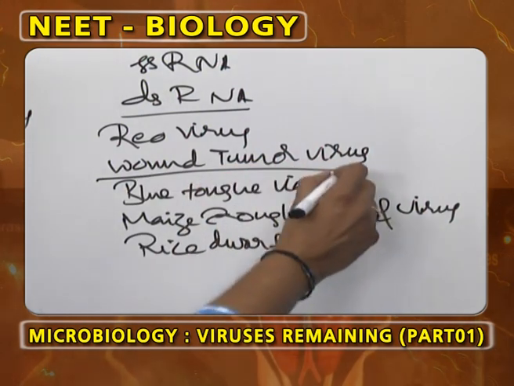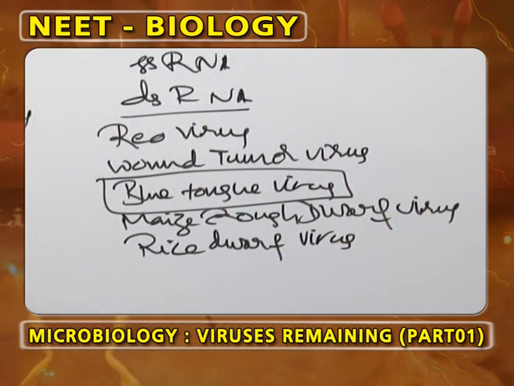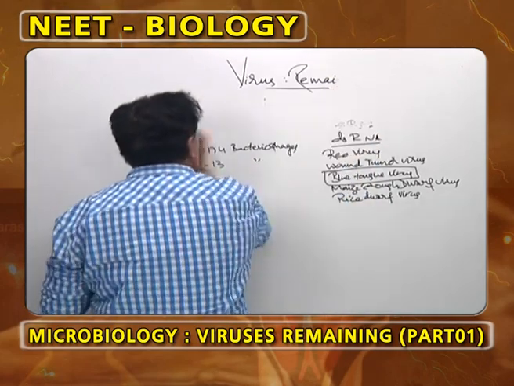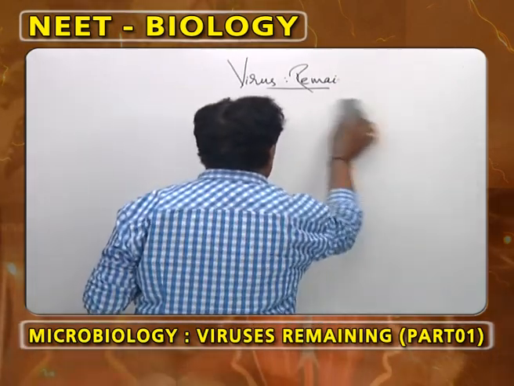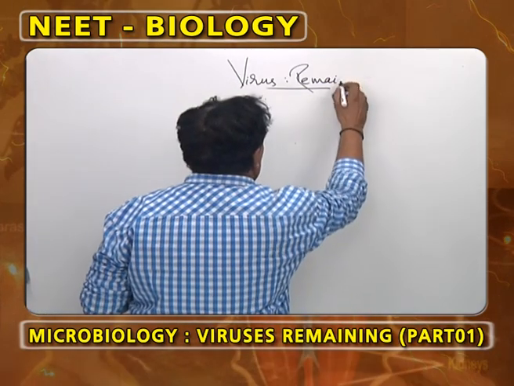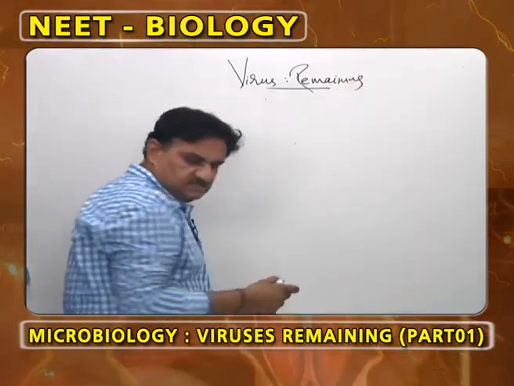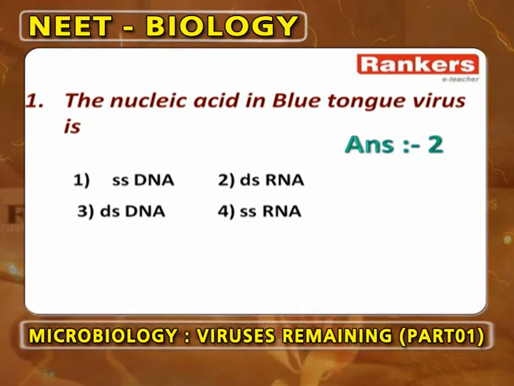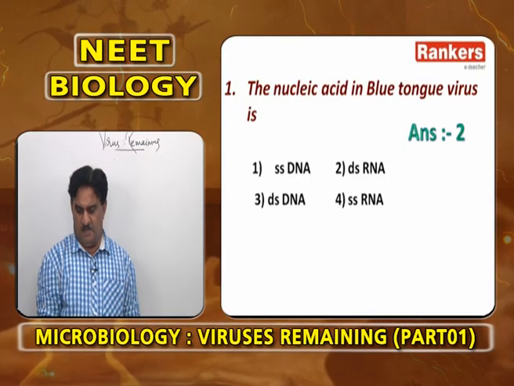So, in blue tongue virus the genetic material is double stranded RNA. So, the nucleic acid in blue tongue virus is double stranded RNA, second option.